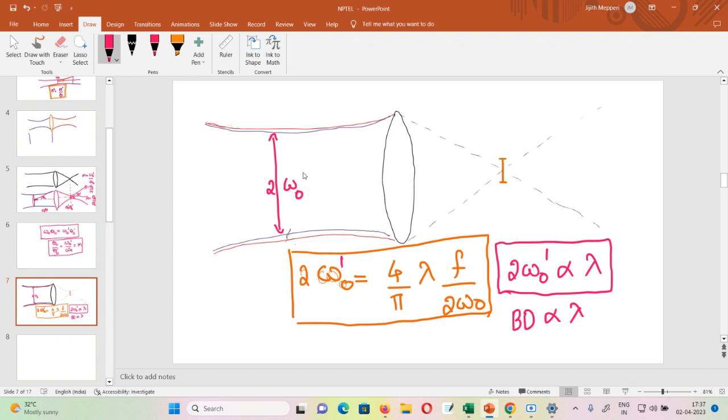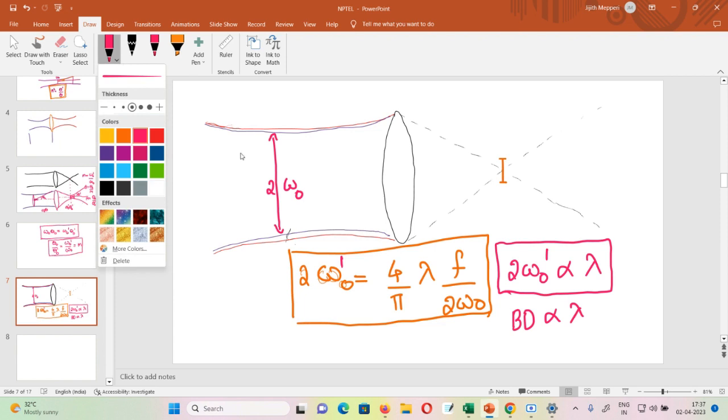So how will it look? That's why I'm saying the question is simple. You can see that 633 will have a larger beam diameter than 450.